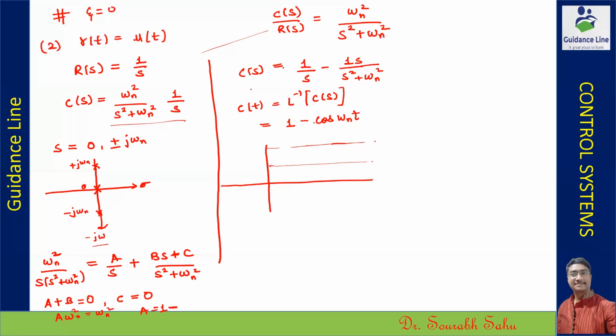In that particular case we have 1 minus 1, which gives 0, so our curve starts from this particular point.